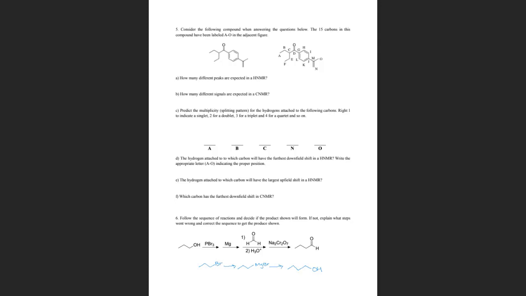So this formaldehyde will give you a primary alcohol. Okay, perfect. And then when we react a primary alcohol with a strong oxidizing agent, what do we get? Yes, Brandon, that's perfect. We get a carboxylic acid.